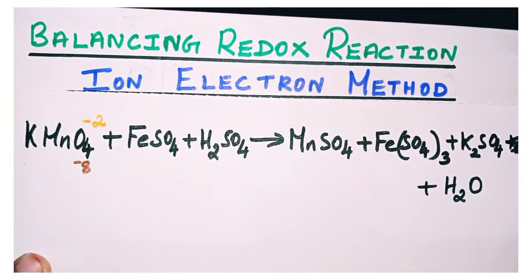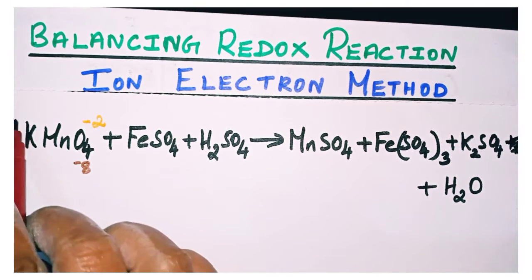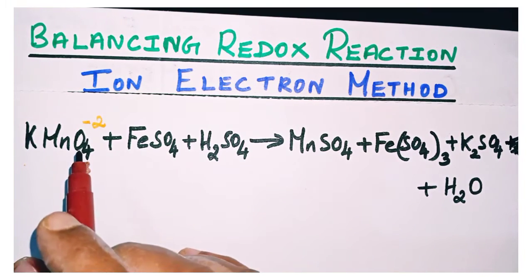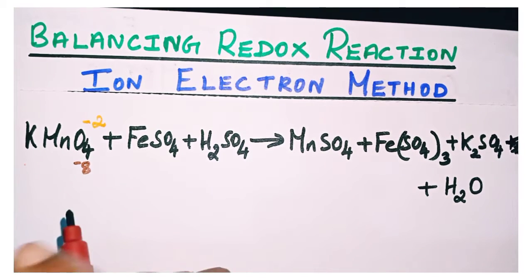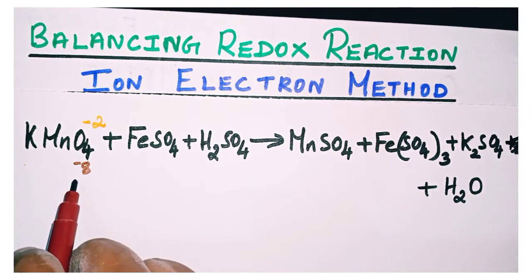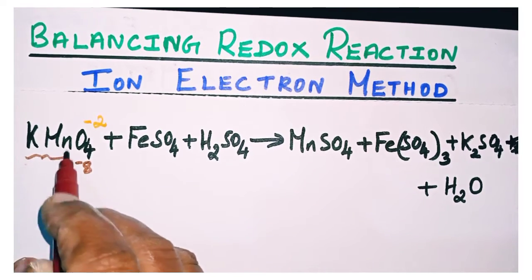Now for manganese and potassium we have to find out. In the potassium permanganate molecule, the charge is always neutral. For a molecule the charge is always neutral. So only for oxygen it is -8, then for potassium and manganese together it should be +8.